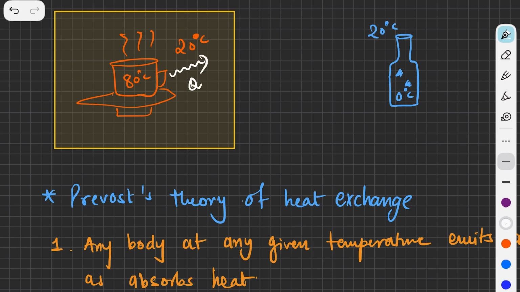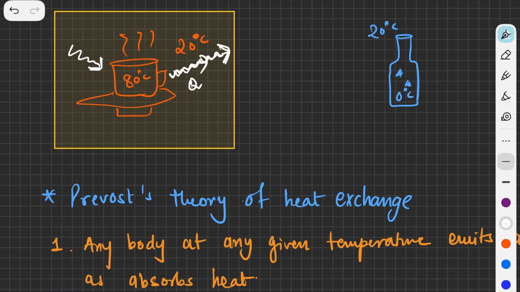That is, the direction of Q is from the teacup to the surrounding, and the reason is the difference in temperature. So Prevost's theory says that at any given temperature, a body will absorb as well as emit. So this teacup is going to emit, and it is going to absorb as well. Even though its temperature is 80 and the surrounding temperature is 20, still it is going to absorb as well as emit.